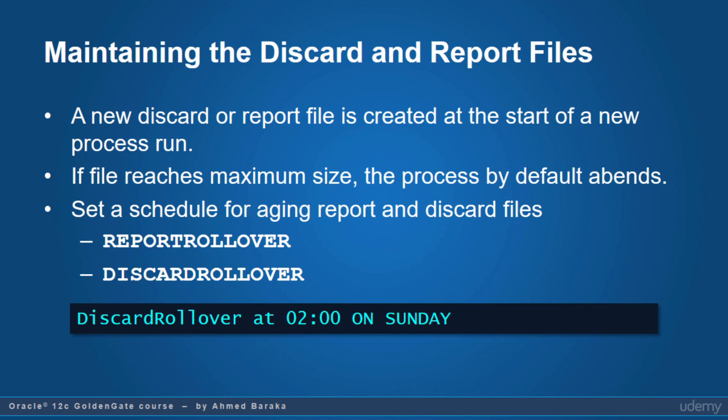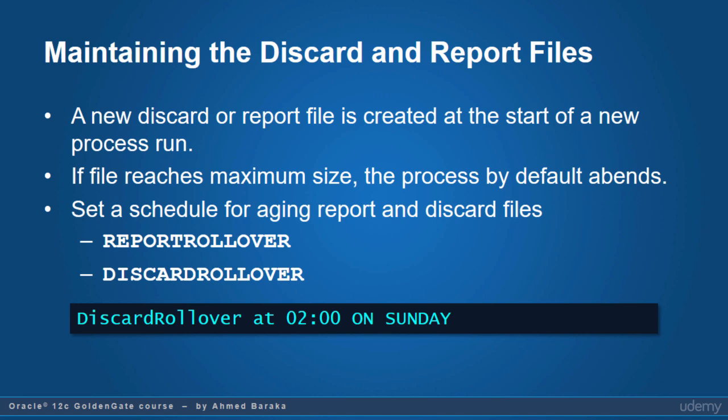With those parameters, you set aging schedules for the discard and report files respectively. These parameters set instructions for rolling over the files at regular intervals, in addition to when the process starts.